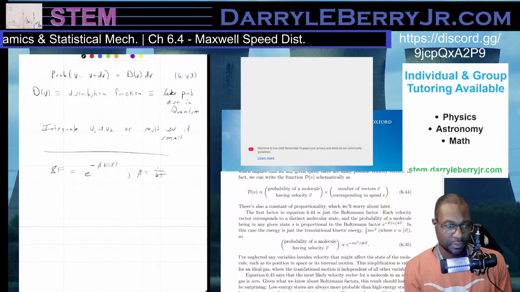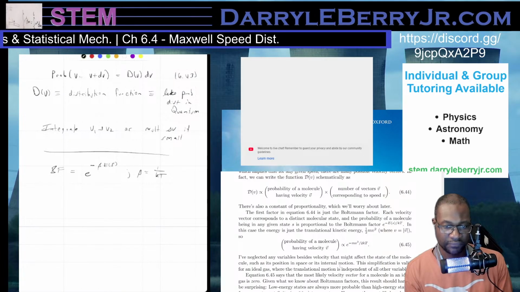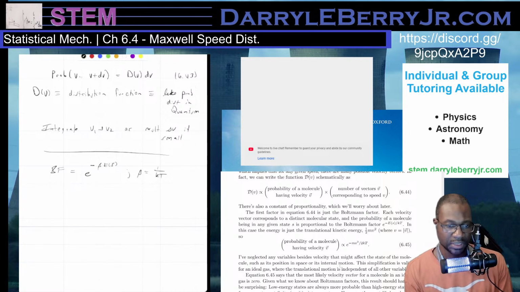Each velocity vector corresponds to a distinct molecular state, and the probability of a molecule being in any given state s is proportional to the Boltzmann factor. In this case, energy is just the translational kinetic energy, 1/2 mv squared, where v equals the absolute value of v. So the probability of a molecule having velocity v is proportional to e to the negative mv squared over 2kT.